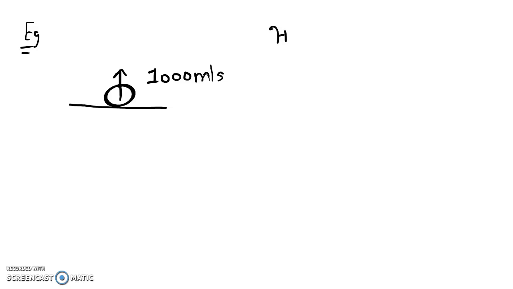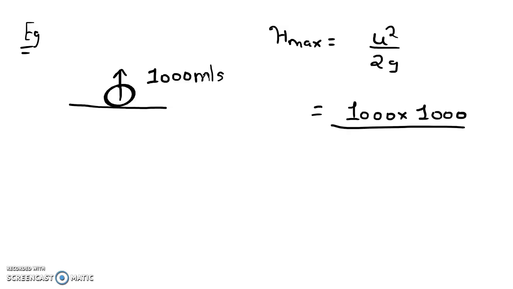So this is the case of motion under gravity. Only gravity is involved. So h max, I'm going to use the formula u square by 2g. So u is 1000. 1000 square, you need to multiply 1000 two times, and 2 into 10 is 20. This is like 50,000 meter, or you can say 50 kilometer.